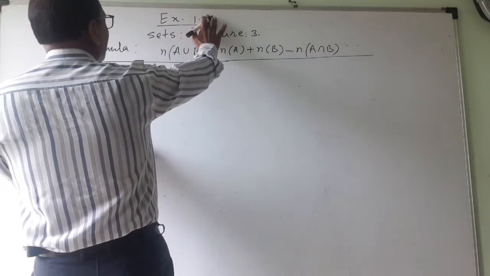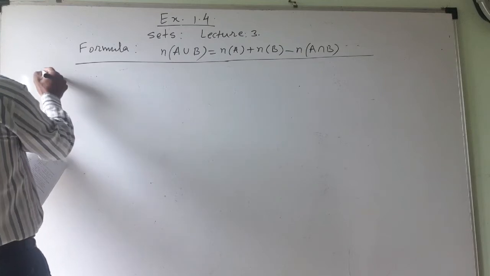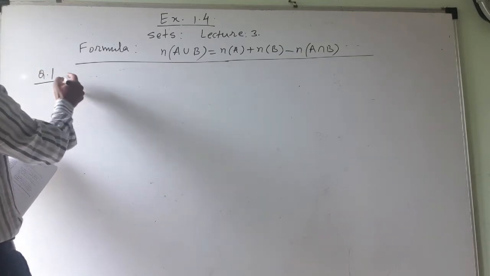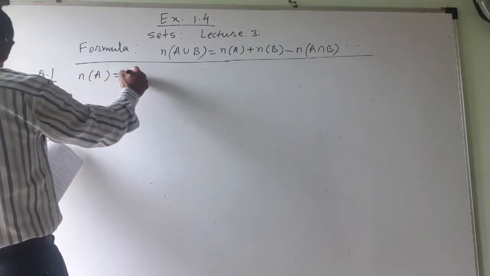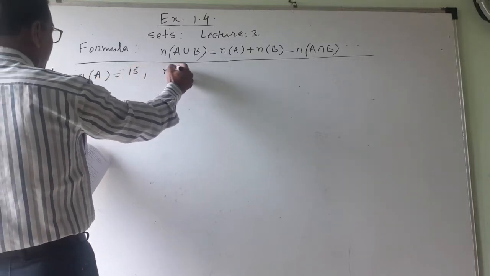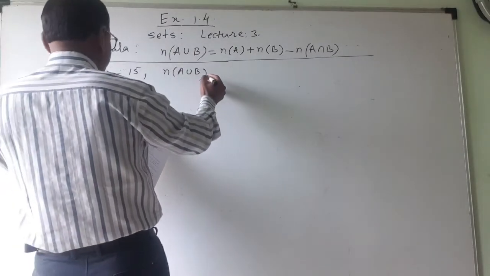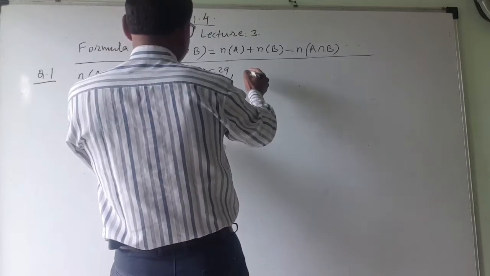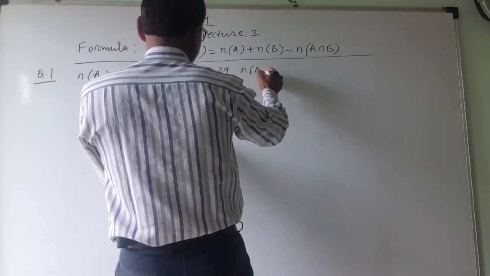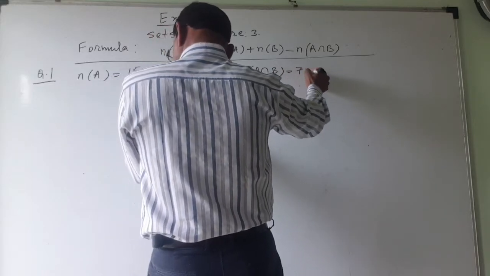So on that basis, exercise 1.4. Question 1. n of A equal to 15. n of A union B equal to 29. n of A intersection B equal to 7.